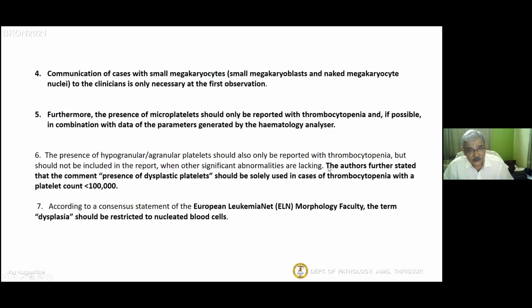And the authors further stated that the presence of dysplastic platelets should be used solely in cases of thrombocytopenia with platelet count less than 1 lakh. And there's another group of people who have suggested that the term dysplasia should not be used for platelets and should be restricted to nucleated red blood cells only.